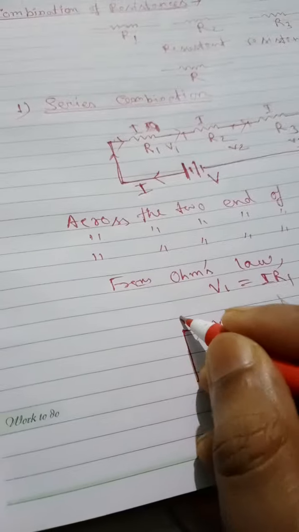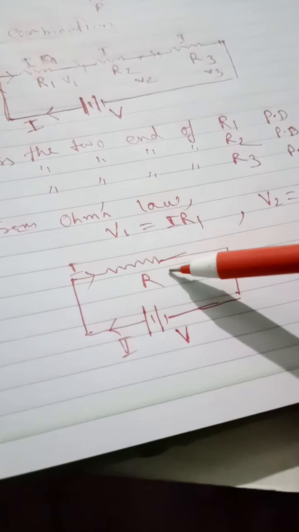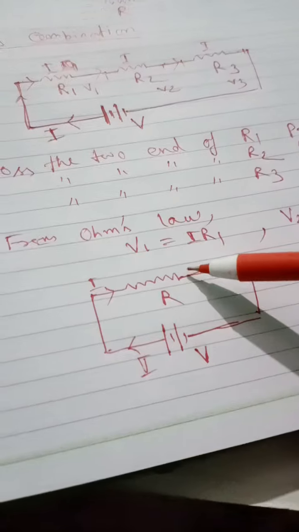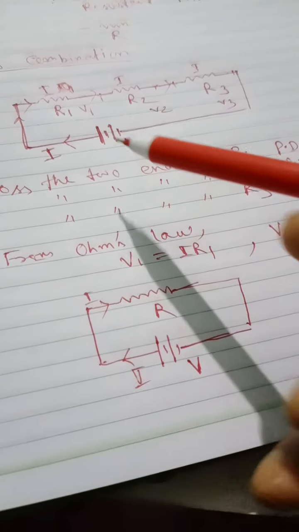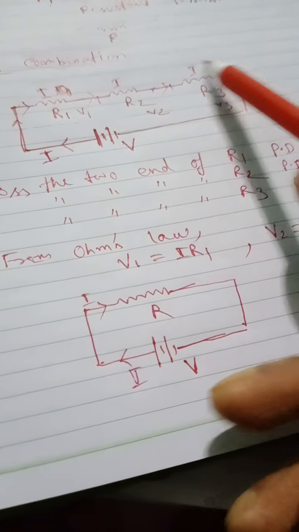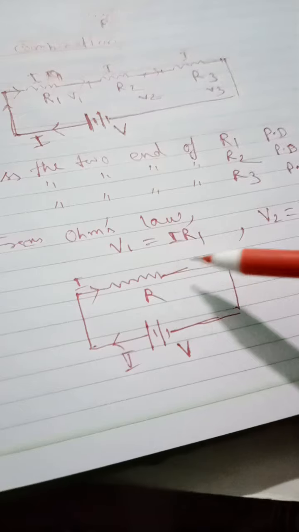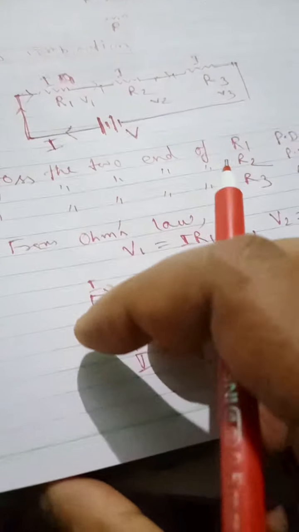So instead of three resistors, here a single resistor of resistance R is placed, and this R is equivalent to R1, R2 and R3. That means the working of R1, R2, R3 together in this circuit and the working of this R alone in the circuit are the same.